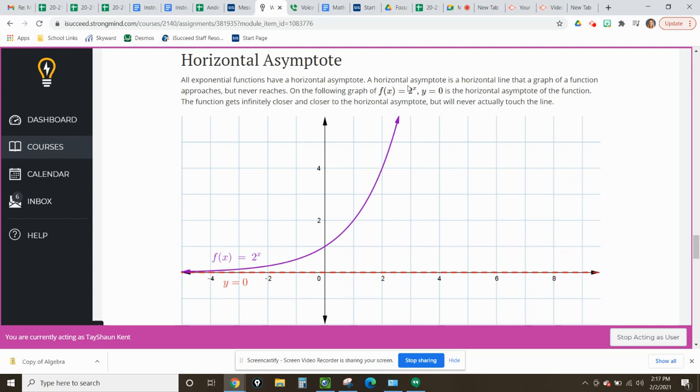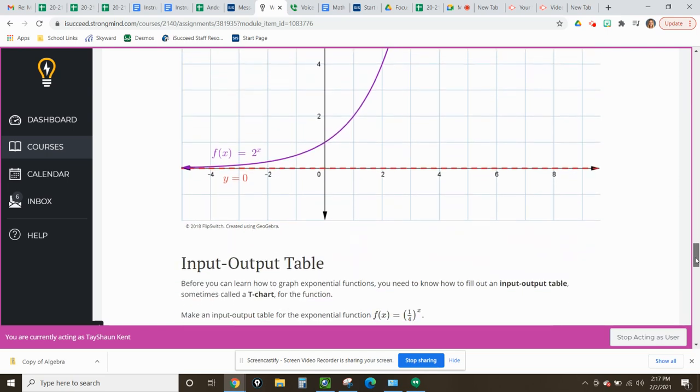On the following graph, f of x equals 2 to the x, y equals 0 is the horizontal asymptote of the function. The function gets infinitely closer and closer to the horizontal asymptote but never actually touches the line. So this graph will get closer and closer here, but it's never going to dip below 0. That's called an asymptote. It's like a border. Where is it not going to cross?